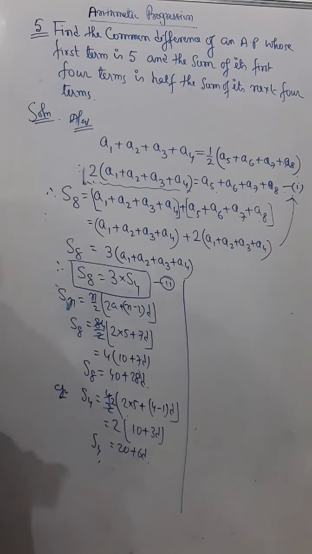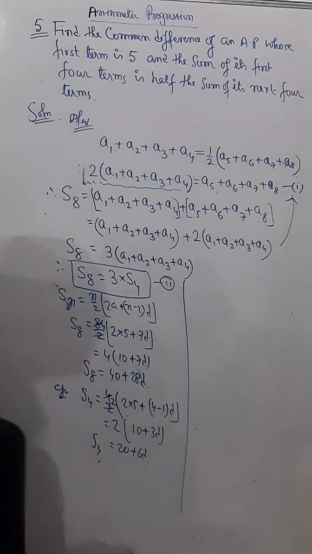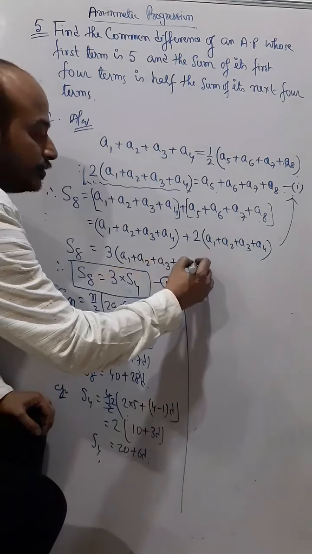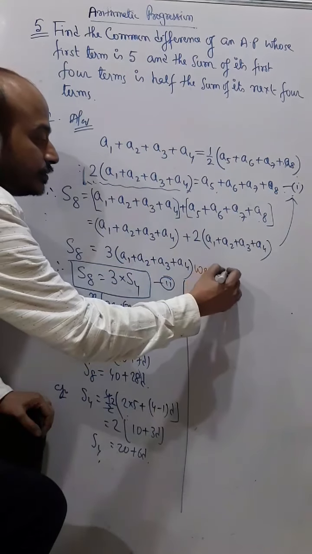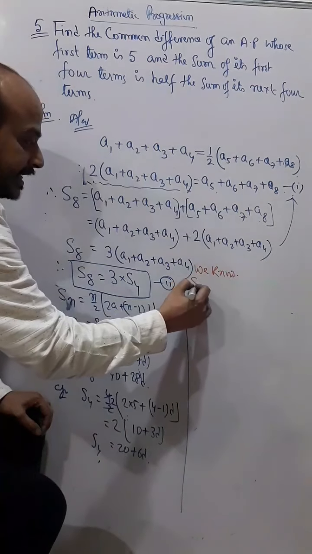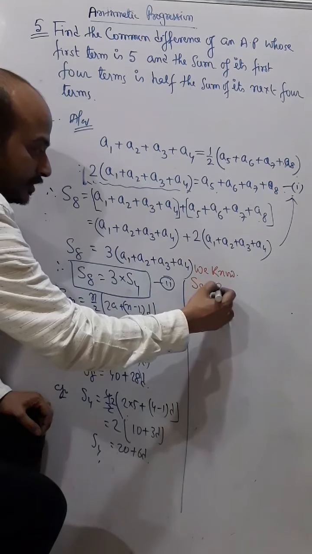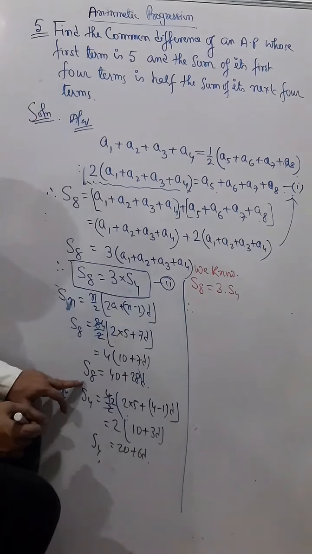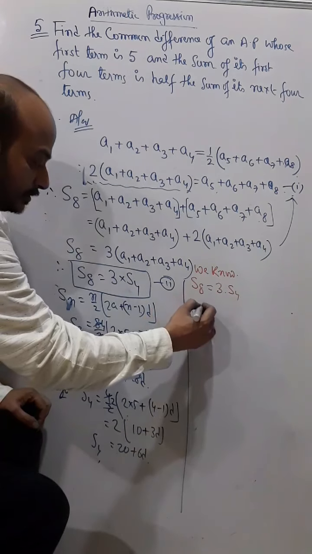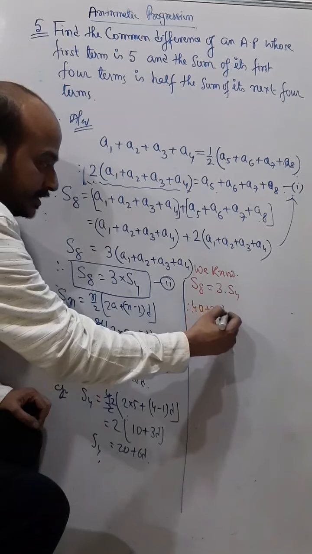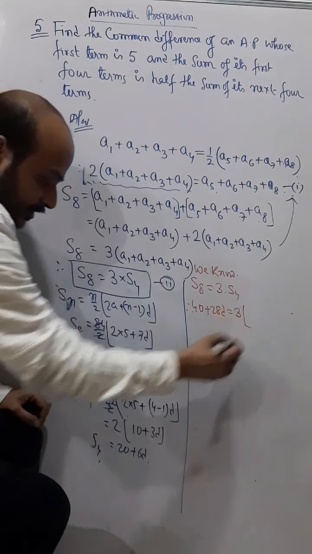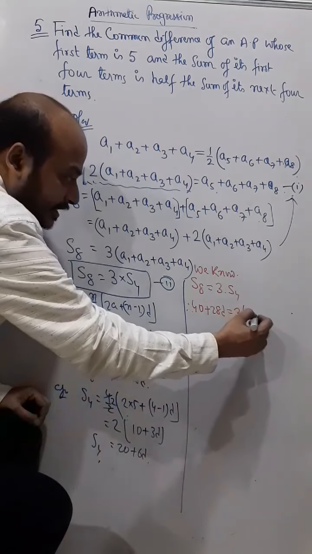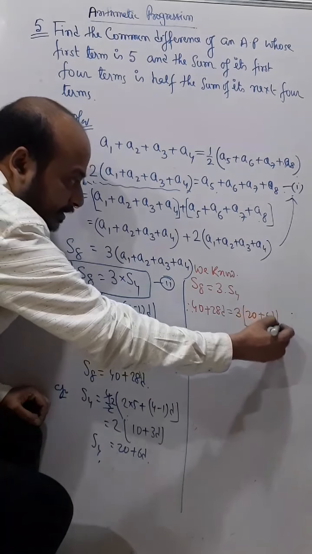And now we know S8 is equal to 3 into S4. If I put the values, S8 is 40 plus 28D is equal to 3 into S4, that is 3 times 20 plus 6D.